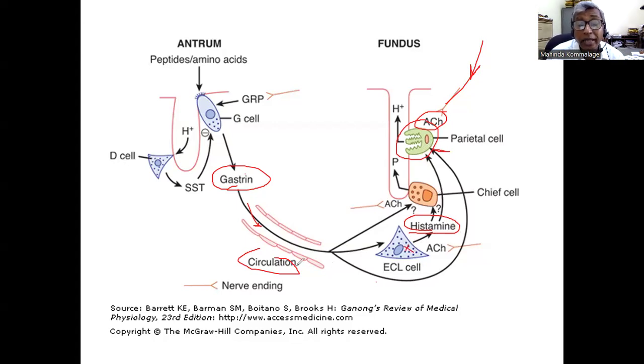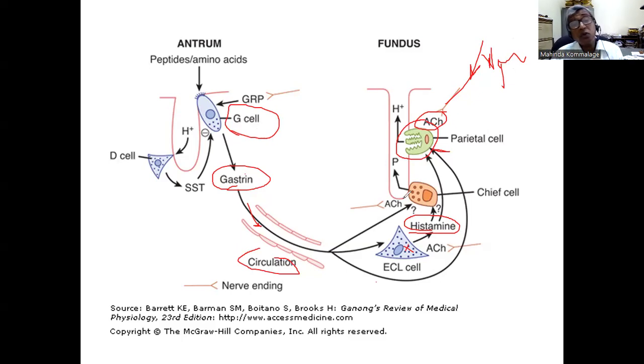So histamine, gastrin, and vagus nerve will stimulate the parietal cells and produce secretion. Right? So this gastrin is coming from G cells. Those are the hormone producing cells located in the mucosa in the lower part of the stomach. G cells will produce gastrin and gastrin will act on parietal cells, right?